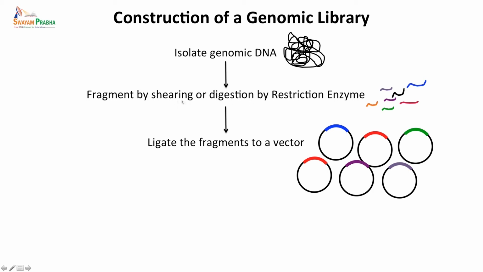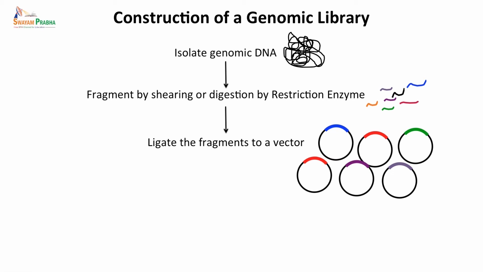If it has been done by shearing, then you can blunt end the fragments and then clone them. So whichever way you do, you basically then use a DNA ligase to clone all these different fragments into the vector in a single reaction.